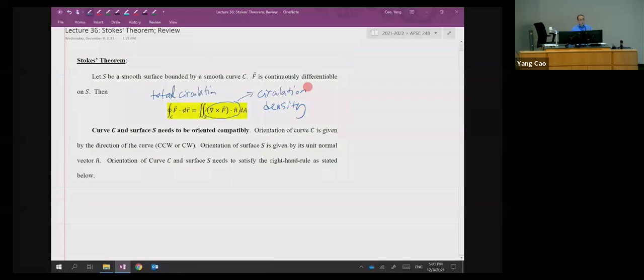So you're integrating circulation density over the surface S with boundary C. Del cross F dot n hat gives you the circulation density at a certain point on the surface S. Integrating the circulation density ends up with the total circulation around the boundary of the surface S.